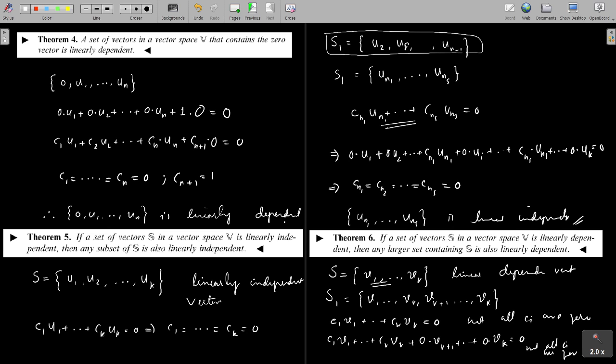The converses of these two theorems are not true. So I'll write: you can do an exercise.